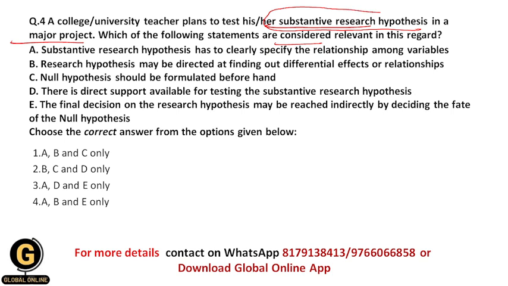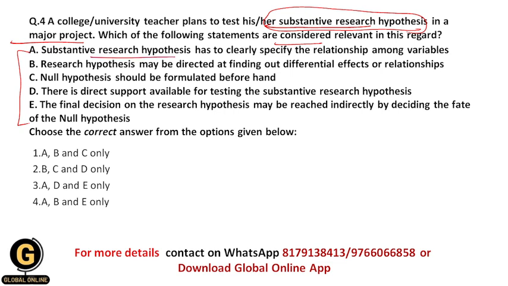Here he wants to test the substantive research hypothesis, and research hypothesis means alternative hypothesis. In this hypothesis we state, or we predict, that there is a relationship between the variables. Okay, so with regard to this hypothesis testing part, which of the following statements are correct?